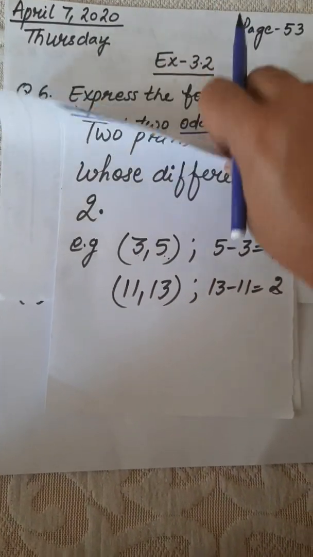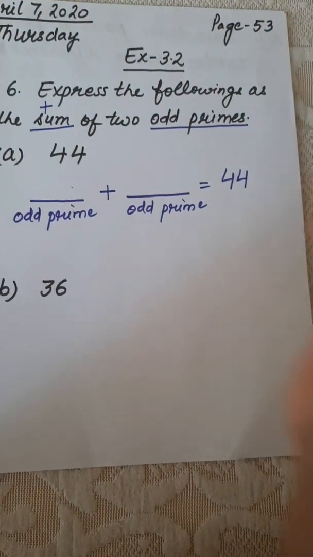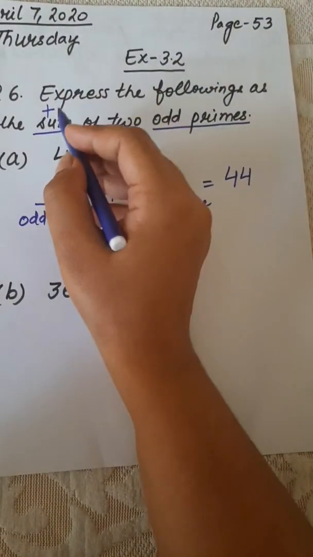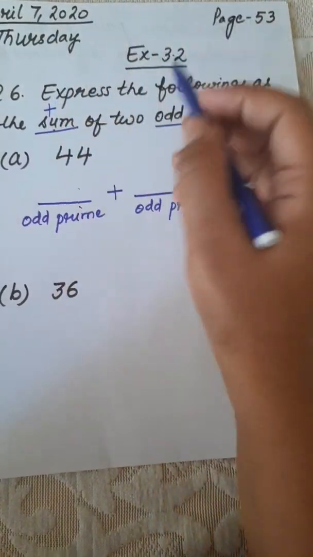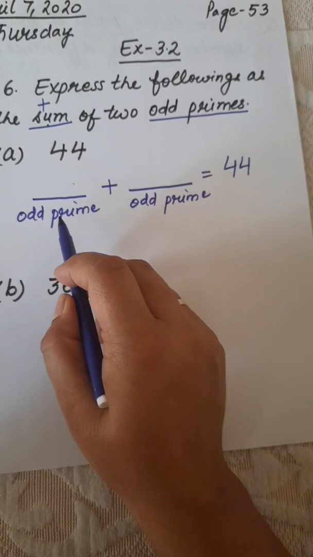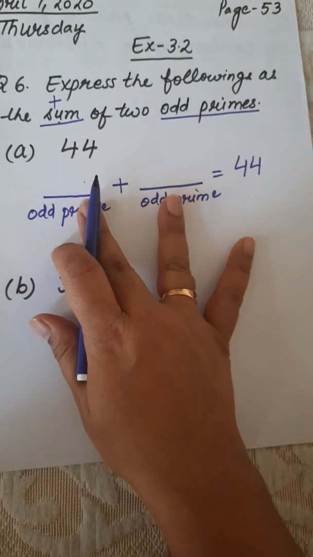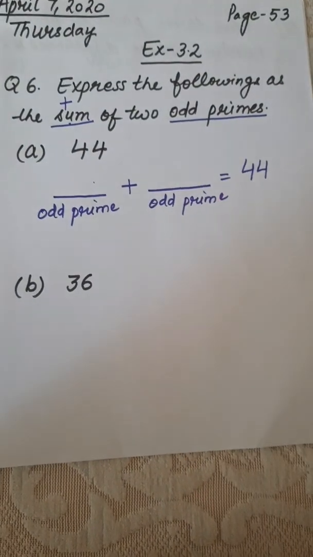So let's start with the first question. Here we have question number 6. Express the following as the sum, here sum indicates plus, of two odd primes. We have to find two odd prime numbers which, if we add them, I will get 44.